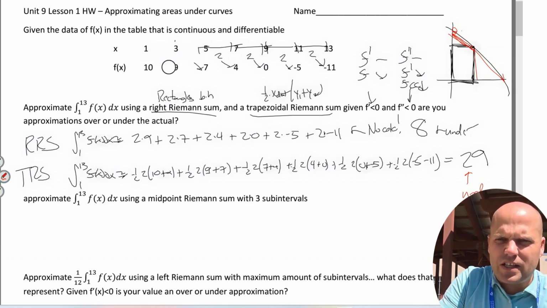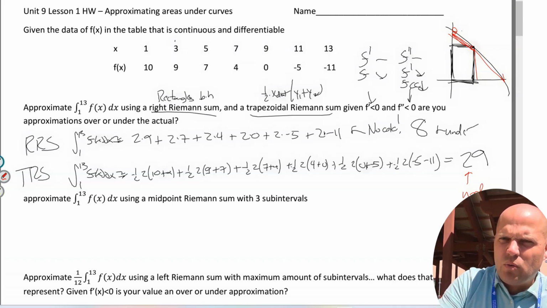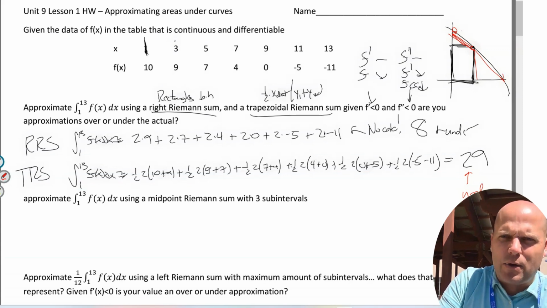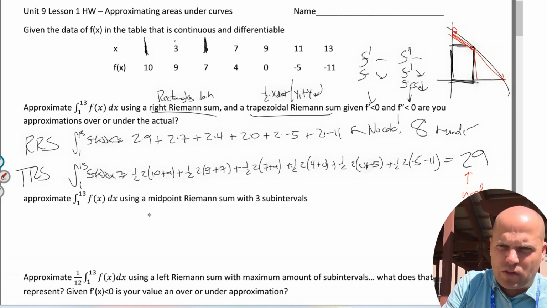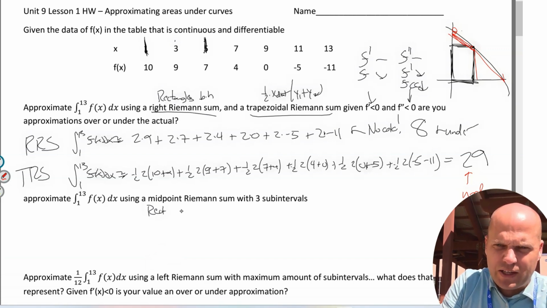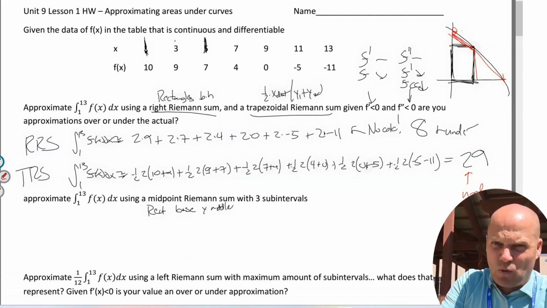Cool. What if I did a midpoint Riemann sum with 3 subintervals? Well, now we would jump over the middle value. We would use the y value in the middle. Again, it's a rectangle, but it's your base times your y in the exact middle, the exact y.